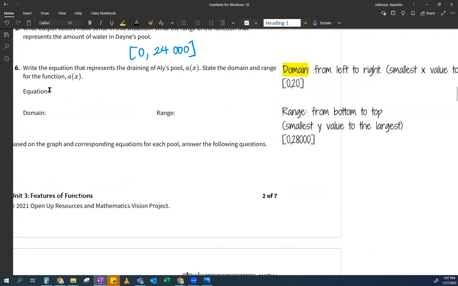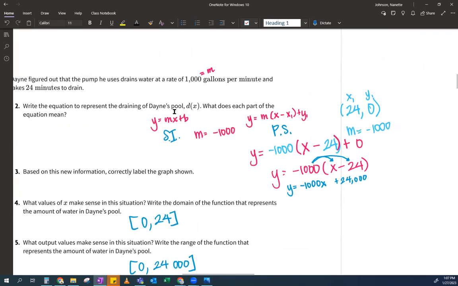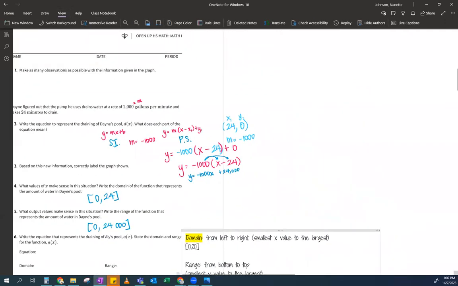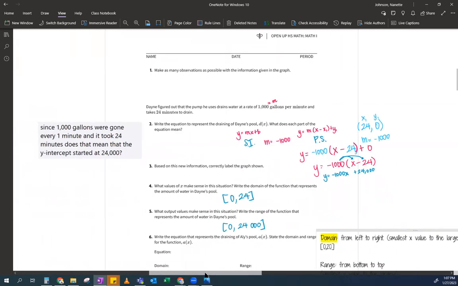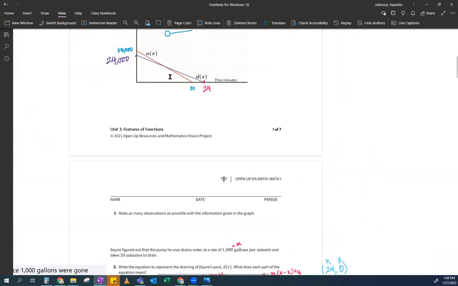Okay, now we got to write the equation. So you have two options. Do you like slope intercept or point slope? Do you want slope intercept or point slope?